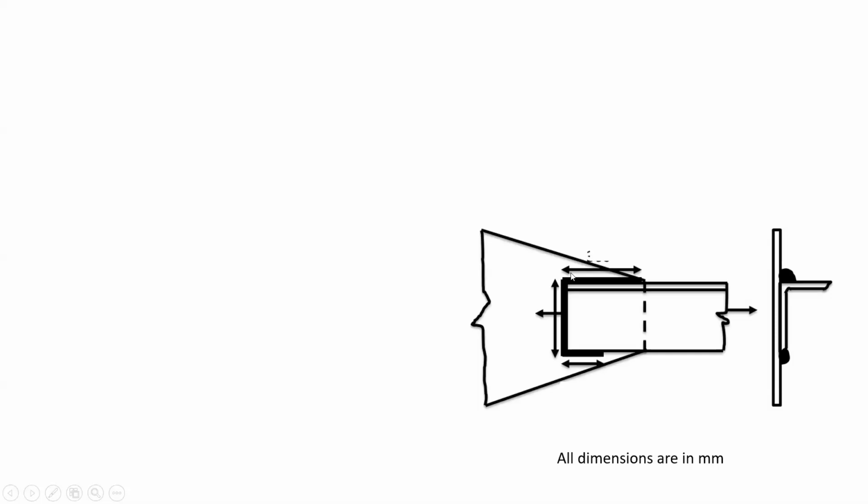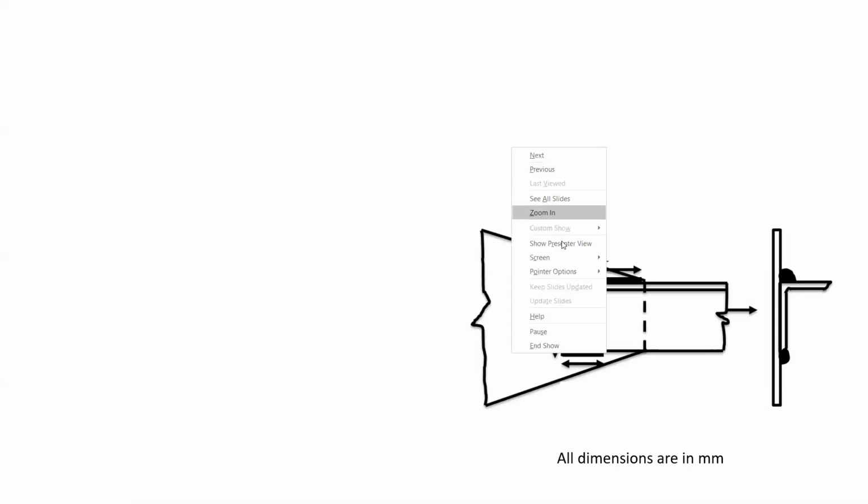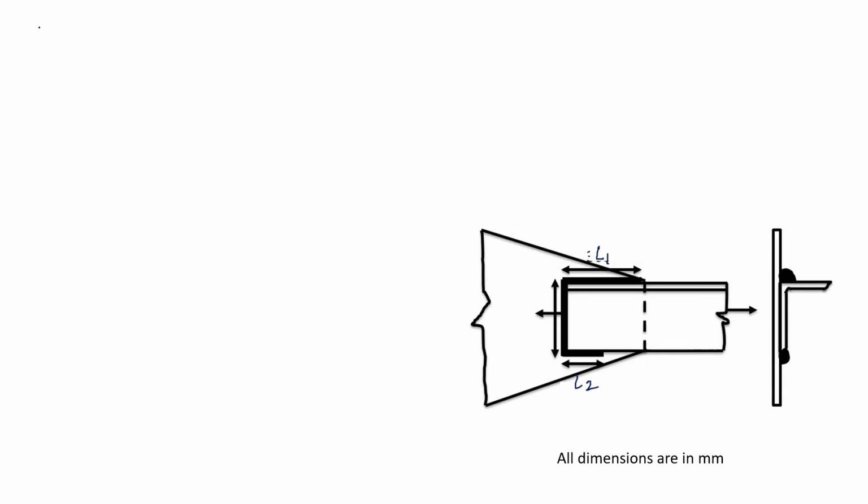Now we have to go for connection, and for this connection, we have diagram for this in this fashion. So we have value, this will be L1, and then we have value will be L2. Now it is given 6 mm weld connection.